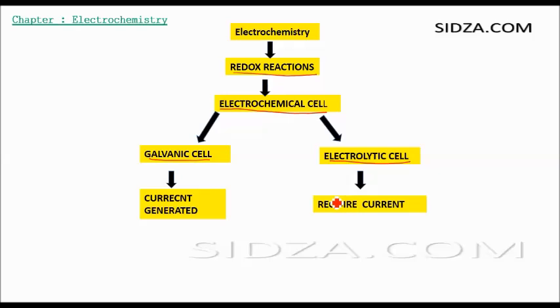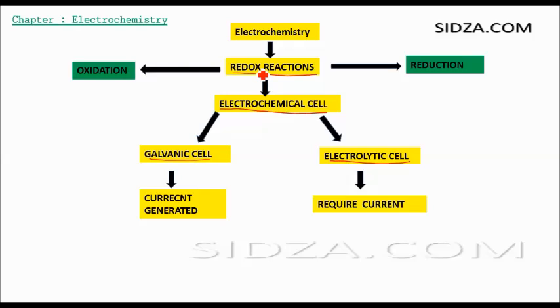But in both the cells, whether galvanic cell or electrolytic cell, the basic reaction which occurs is the redox reaction. And in a redox reaction we know that there is oxidation and reduction going on.